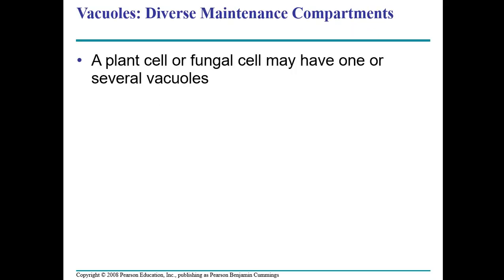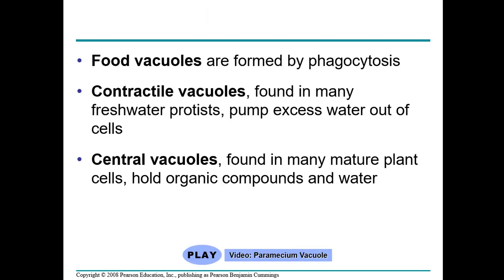A plant cell or fungal cell may have one or several vacuoles. Especially, very evident siya sa plant because a plant contains one large vacuole that comprises most of the cell's internal space.